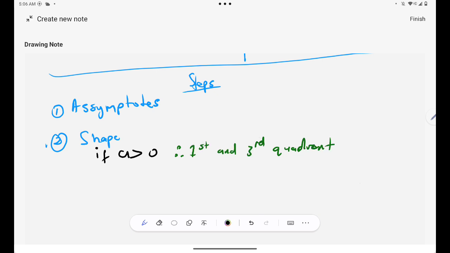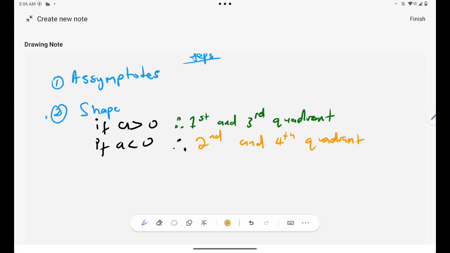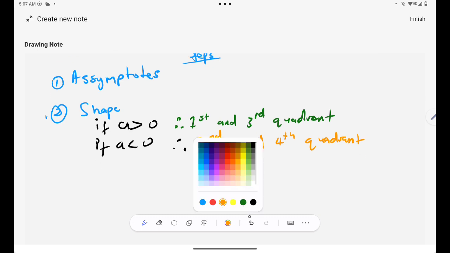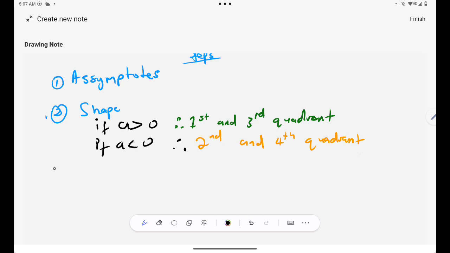And then if a is a negative number, therefore your graph should be on the second and fourth quadrant. Are you together? And then after writing down the asymptote, the other step is finding the intercepts.